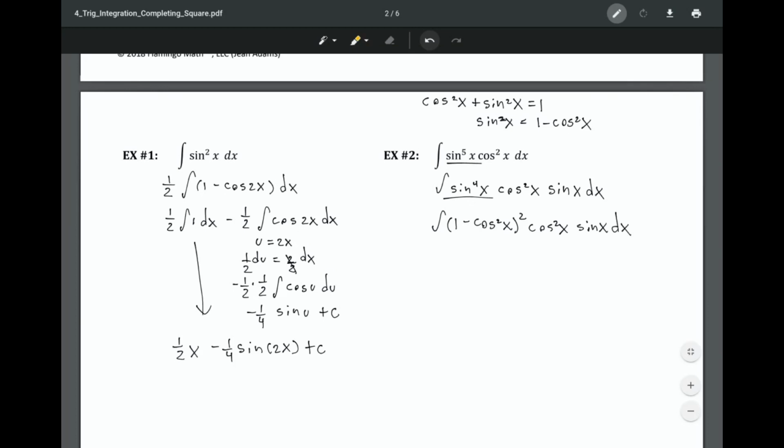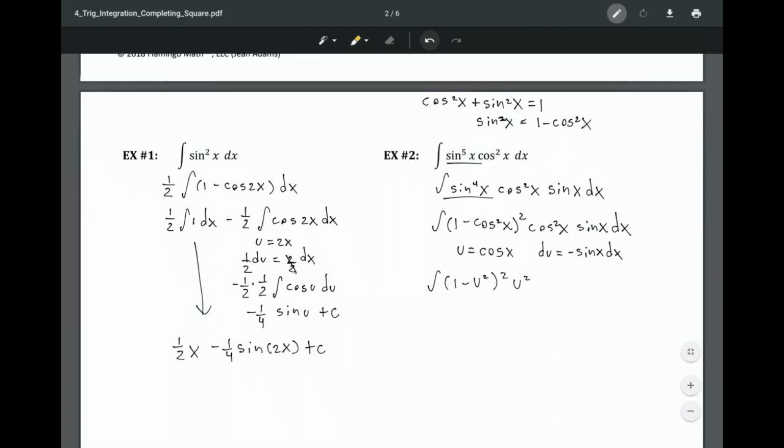And then now what I'm going to do is use u-substitution. All right, so if I say that u is cosine, again, these are basically the steps they tell you at the beginning. I just think it's kind of confusing to look at them at first. So if I use u-substitution, the derivative of cosine is negative sine of x dx. All right, so I'm going to use u-substitution now, where 1 is going to stay the same, 1 minus u squared.